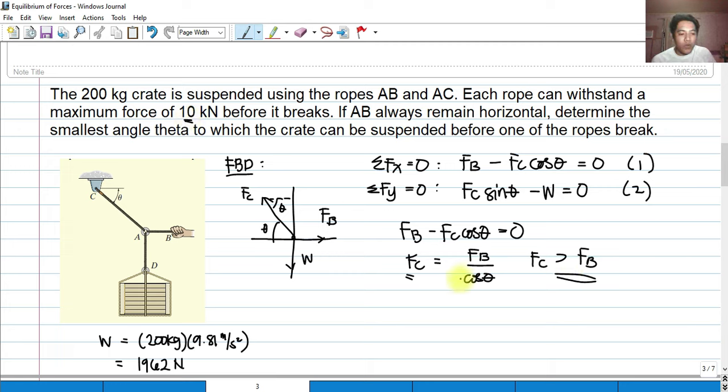So what we are going to do is let F sub C be the maximum force, 10 kilonewtons. Since F sub C is greater than F sub B, if the maximum force on F sub C is 10 kilonewtons, then definitely the force in F sub B is not yet exceeding 10 kilonewtons because of this relationship.